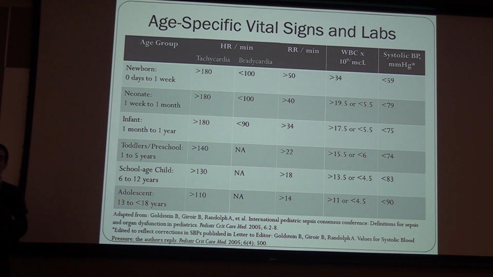So when the idea is to recognize sepsis early, it's not necessarily to have a strict definition where, oh, your heart rate's 179, you don't need this, you're not septic, I'm not going to treat you as septic. Rather, it's just to know what you're looking for. And even though vital signs are important, one message I'd like to convey is it's really about looking at the patient and touching the patient.